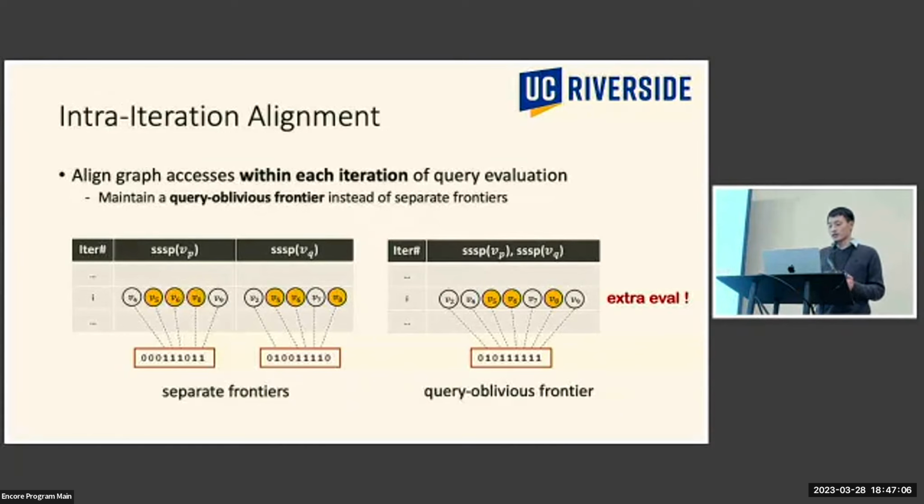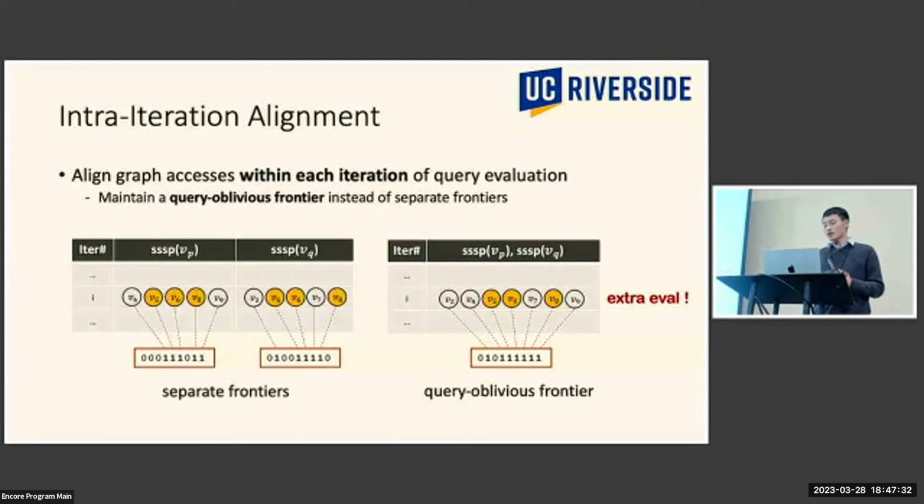So to address this, our solution is to propose a single frontier for all the queries in the evaluation batch. So in this way, when one vertex is evaluated, it is evaluated for all the queries in the batch. So in this way, we can have a single access for all the queries in the batch.